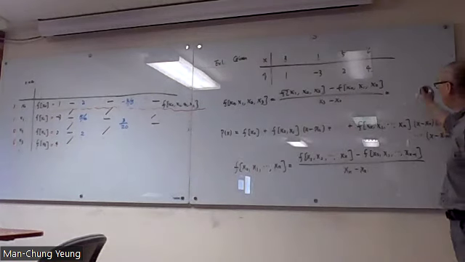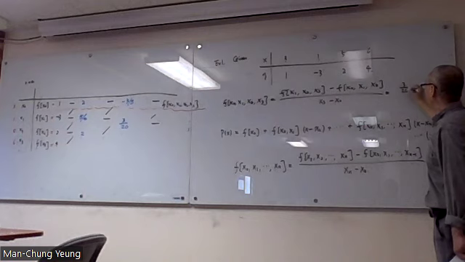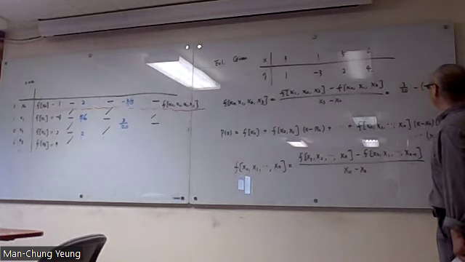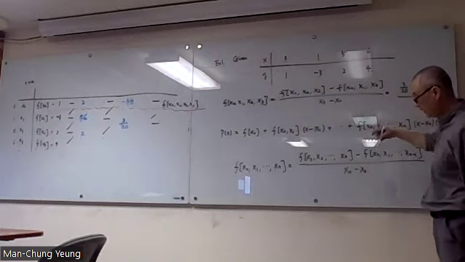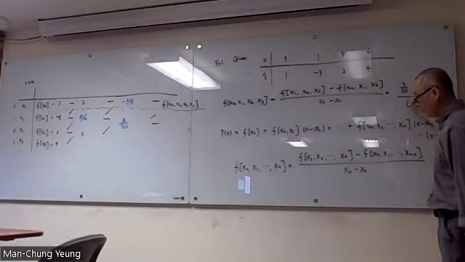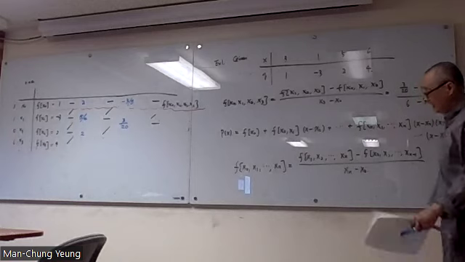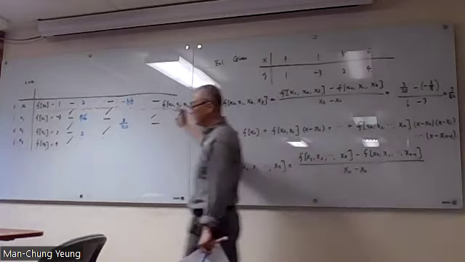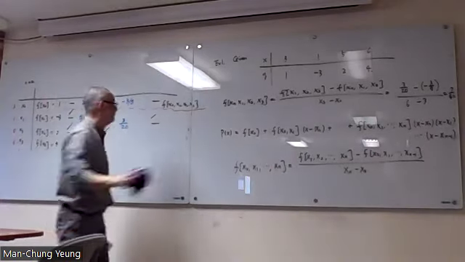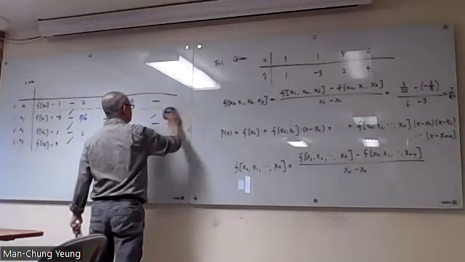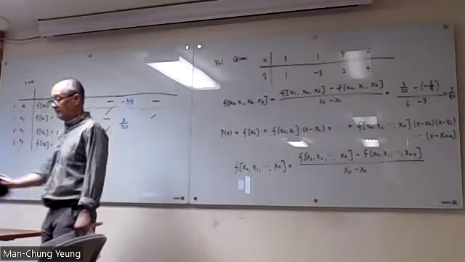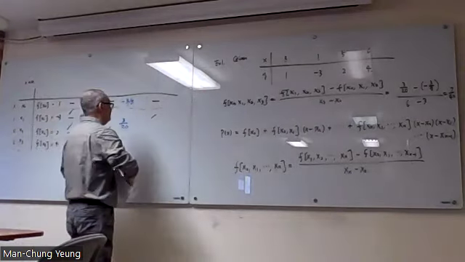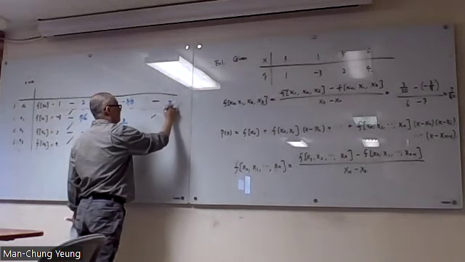So it is 3/20 minus negative 3/8, then over x3, number 6, minus x0, number 3. So it is 7/40. So this number is 7/40.